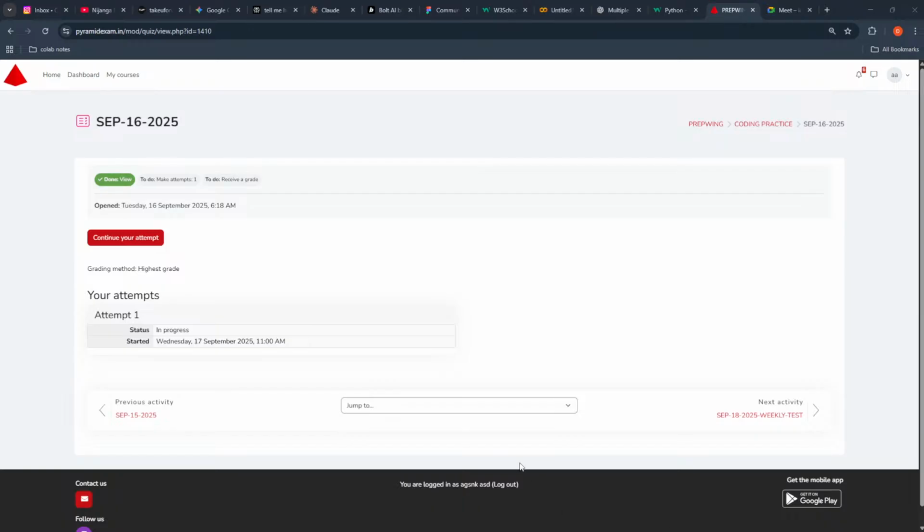And next one, note down conditional statement.